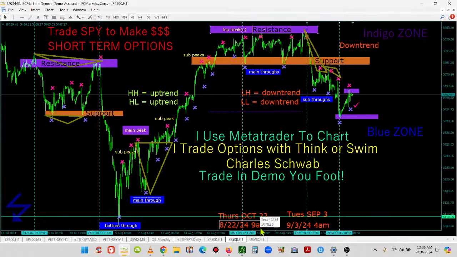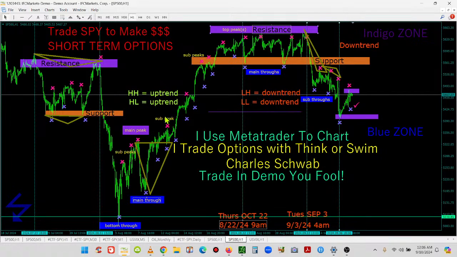Because we chart the S&P to figure out what the SPY is going to do. This isn't the SPY, this is the S&P 500. We want to trade short-term options, but we want to understand the S&P 500 index to decide which way the chart will go.